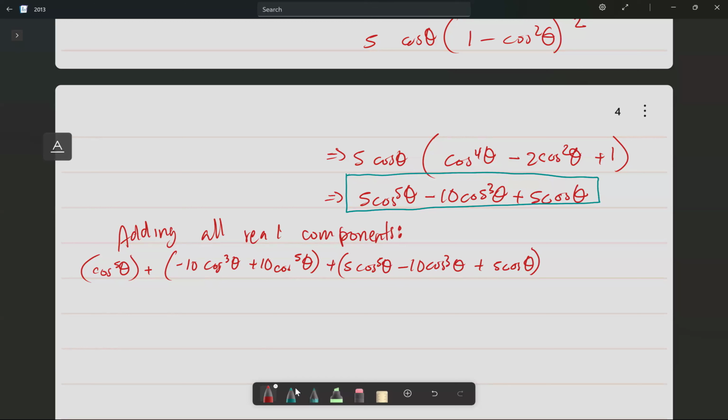We have to look for like terms, which is cosine to the fifth here, here, here, and here. So that gives us a total of 5 plus 10 plus 1, which is 16 cosine fifth theta.